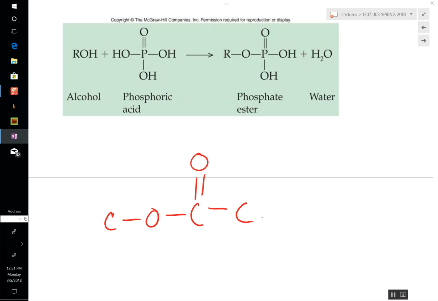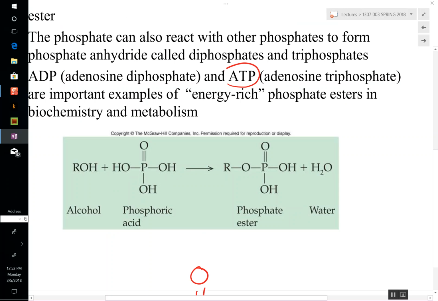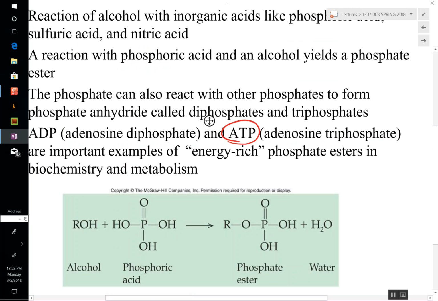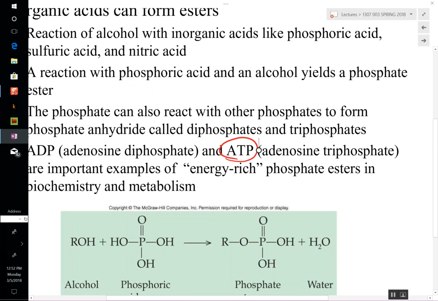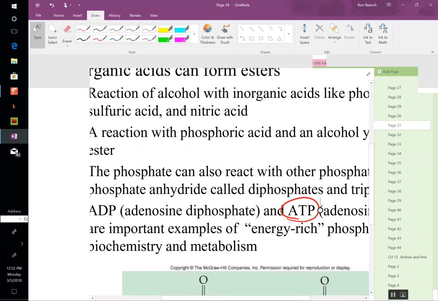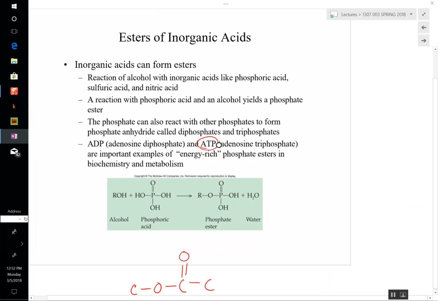These are extremely important in biochemistry. This phosphate group shows up on so many different molecules in the metabolic pathway, at very critical points. You've heard of ATP, adenosine triphosphate. It is a phosphate ester. ATP is a phosphate ester.